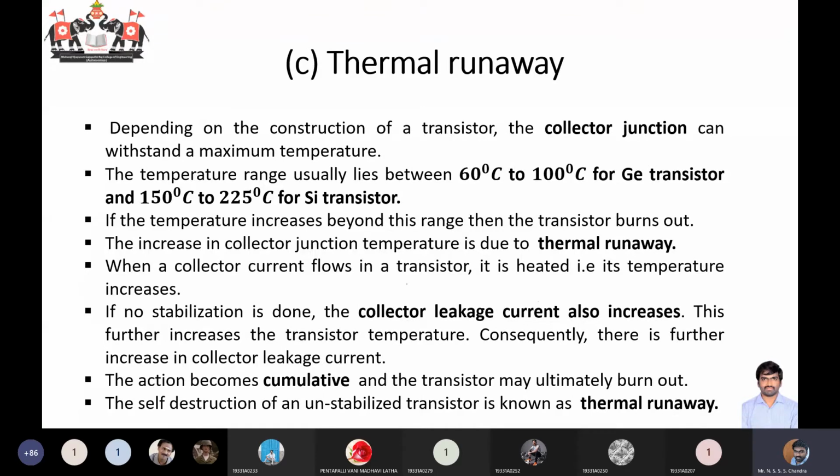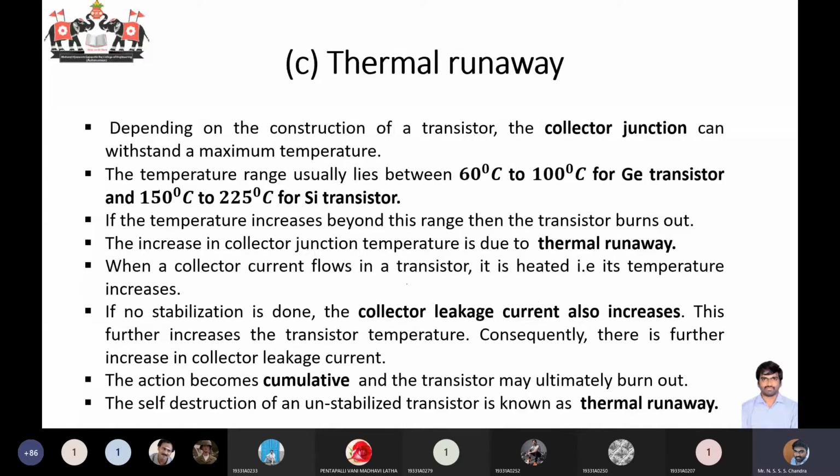Your ICO is nothing but your leakage current. If your leakage current is increasing, it will again result in a rise in temperature. Because of your leakage current, your transistor temperature will further increase. Because temperature is increasing, again your IC will increase, and again it will lead to an increase in ICO. So it's a kind of cycle.